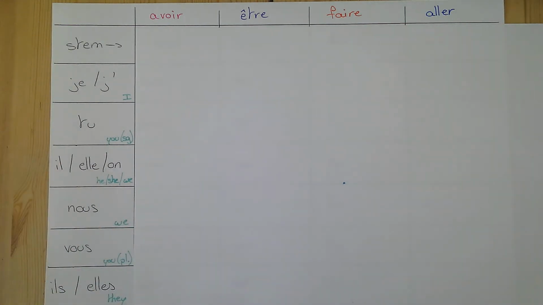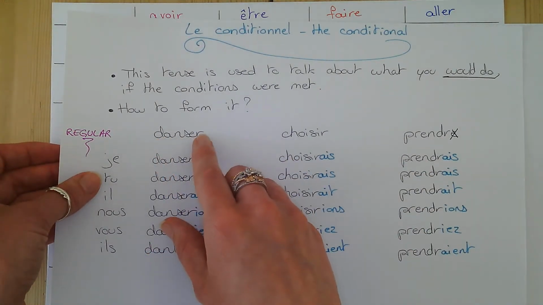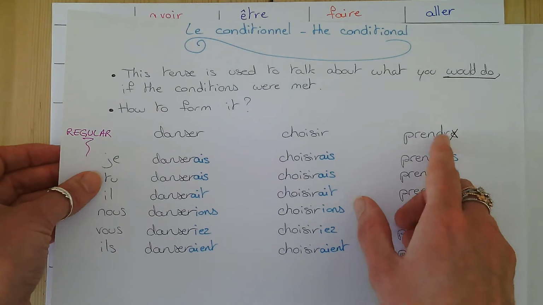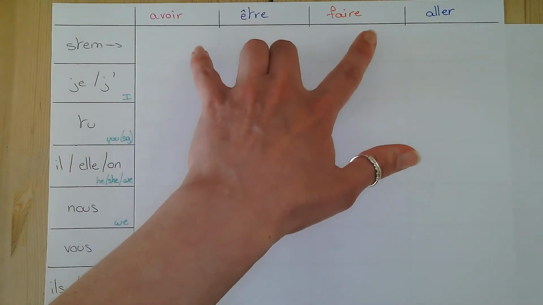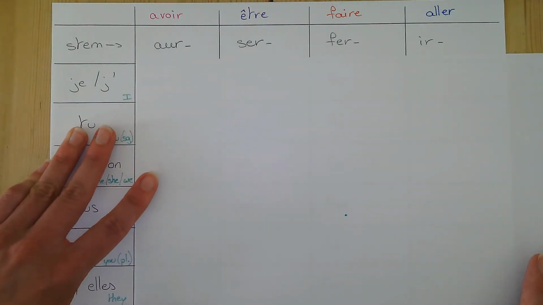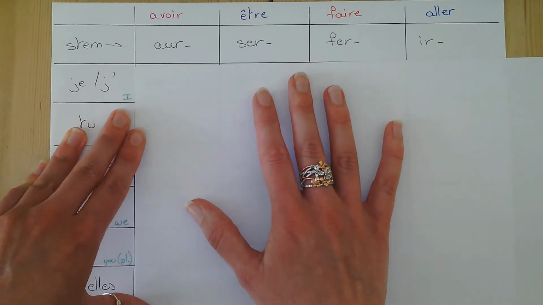So instead of following this rule where you keep the ER, you keep the IR, and you get rid of the E for RE verbs, forget about that. Those 4 verbs have their own stem. So each one of them has a specific stem that they will keep for the whole tense.